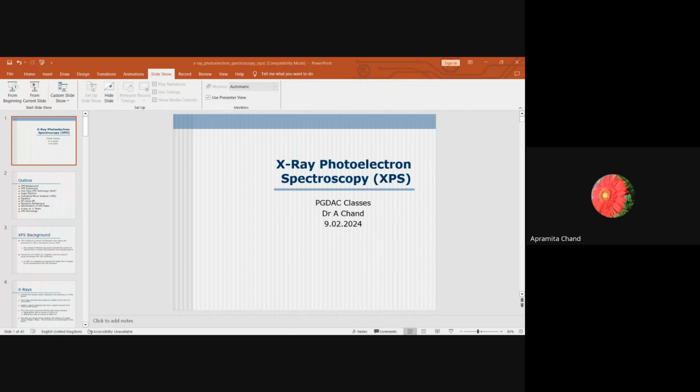So the sources of X-rays which can produce the photon with certain energies are Mg K alpha photon with an energy of 1253.6 and an aluminium K alpha photon with an energy of 1486.6. So normally the sample is radiated with photons of a single energy, either magnesium K alpha or aluminium K alpha, and this is also known as monoenergetic X-ray beam because they are from a single energy source.